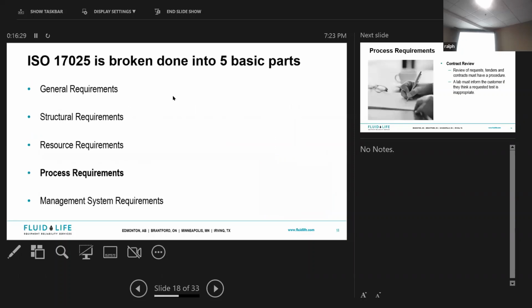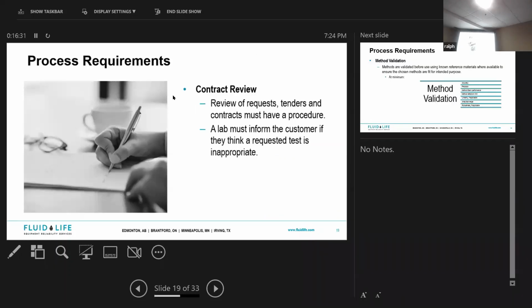All right, process requirements, contract reviews. If you ever engage in a contract with an analysis lab, usually you're going to go through some sort of tenders, contracts, RFPs, or just agreements, quotes, stuff like that. All of that counts as contracts, but the biggest thing is contract review.